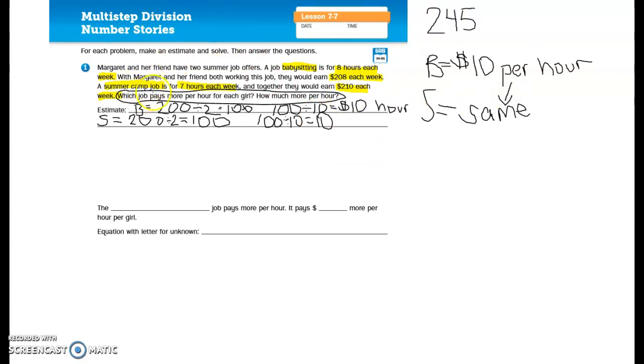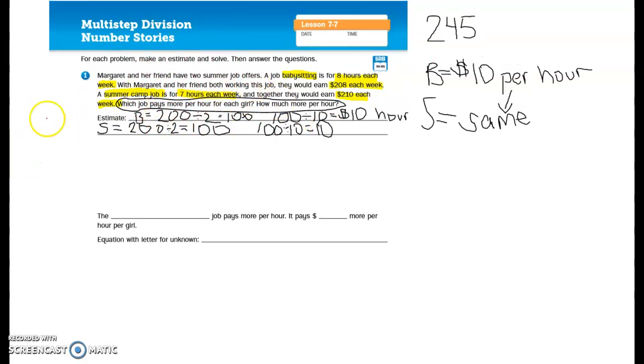So now we're going to do the actual math. We're going to do the same steps that we did for the estimate, except using the real numbers this time. So I'm going to start with babysitting. And I'm going to take the $208 and divide that by 2. We're just going to get rid of the money sign for now. I'm going to save that for the answer.